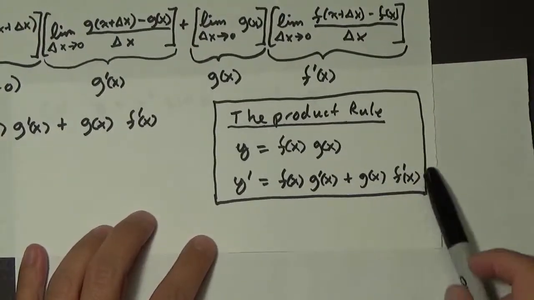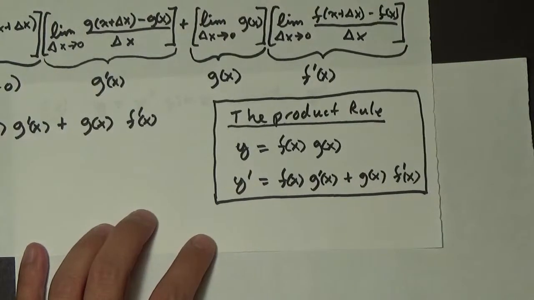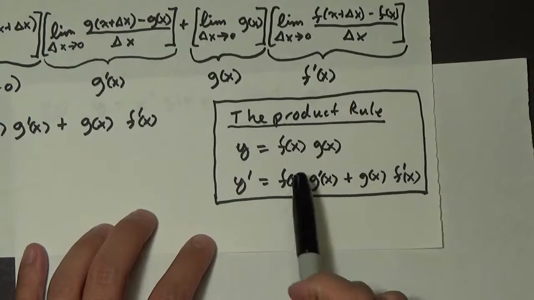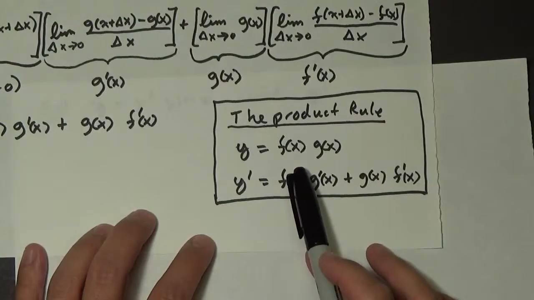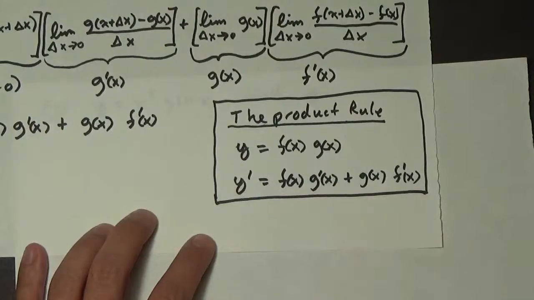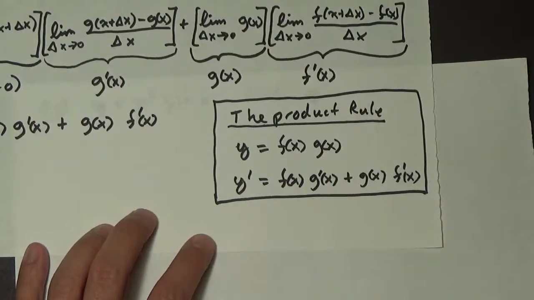Now you have to somehow remember the product rule and how it works. And so this is what I always think in my brain when I'm doing a product rule. I label my functions, one is the first function and one is the second function. So f of x is my first, g of x is my second.